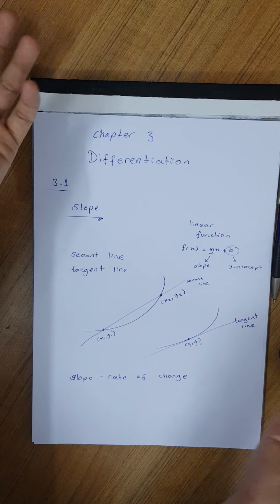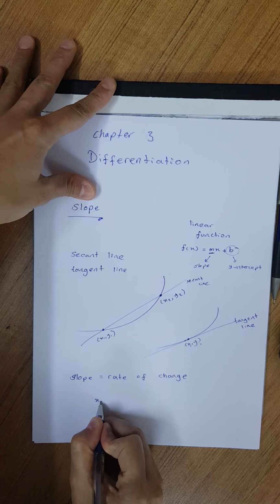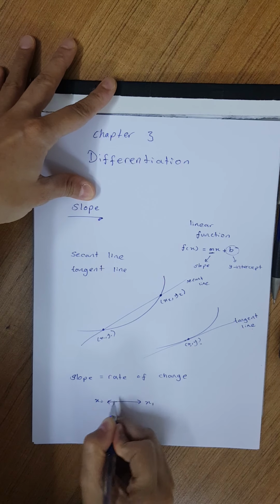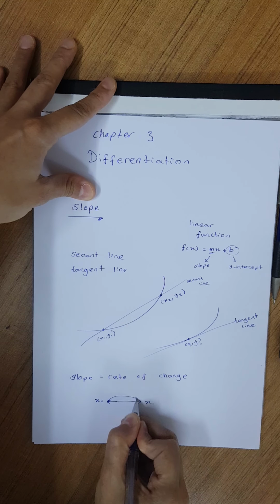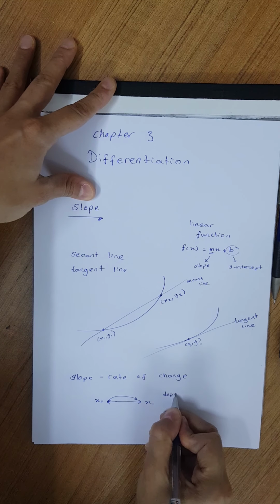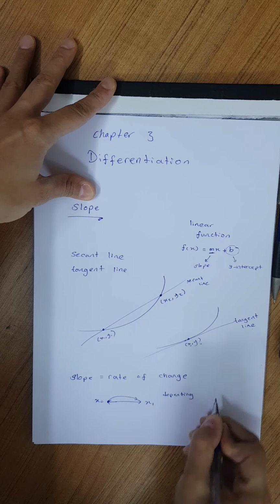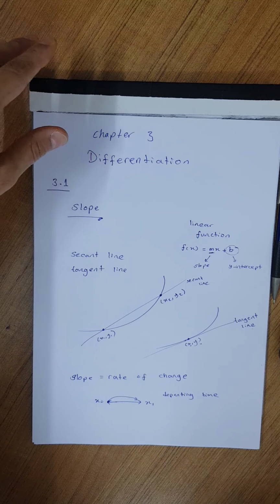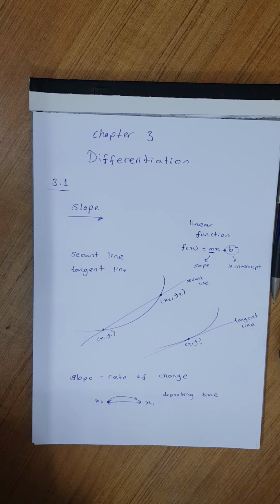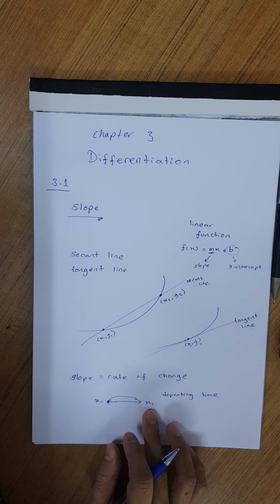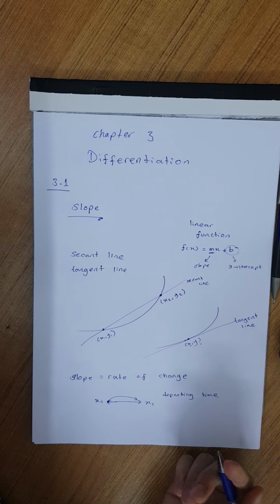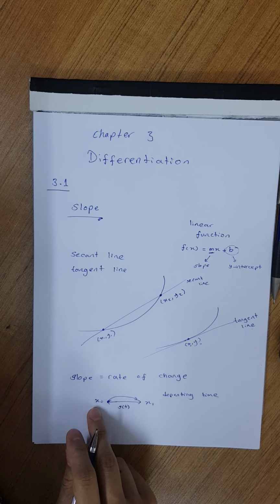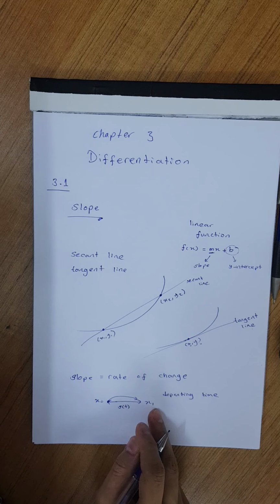For example, if you are moving an object from x naught to x1 depending on time, that's called rate of change. We are going from one position to another depending on time, so that is a rate of change.